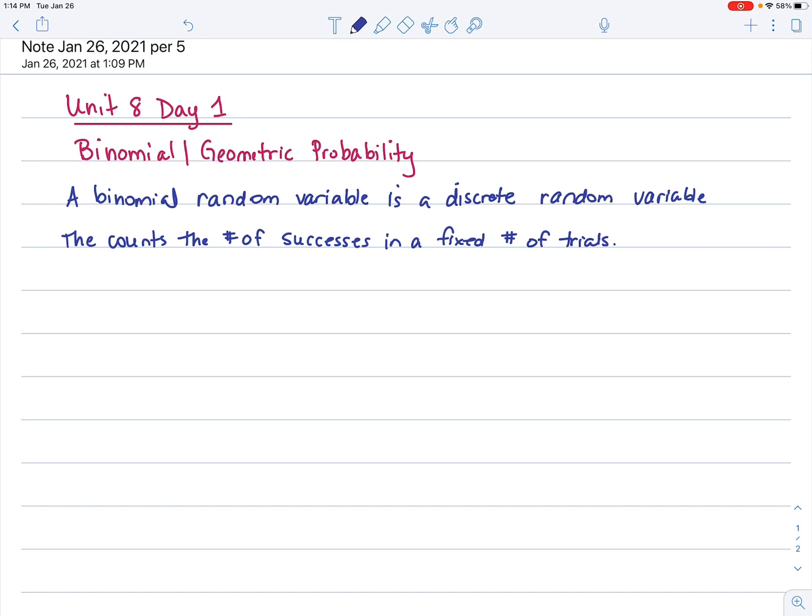So, for example, you could find out the probability that, out of the next 5 games, that certain team's going to win 3 of them or something like that. But you would have to know the probability of one win to do it. So the number of trials would be how many games or how many days you're looking at, and the number of successes could be wins or losses or whatever.